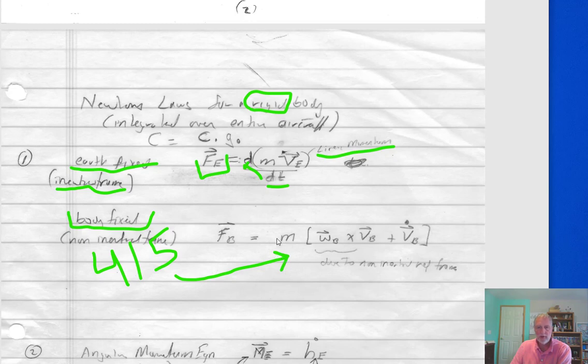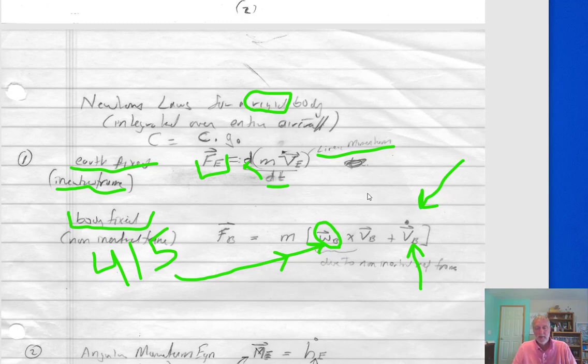If we want to express the change in linear momentum, we have to include not only VB dot, but because the XYZ axis system is rotating, an extra term that contains the angular rotations of that axis system. So we typically want to derive our equations of motion in the body fixed axis system because we know all the aerodynamic forces and moments in that axis system.